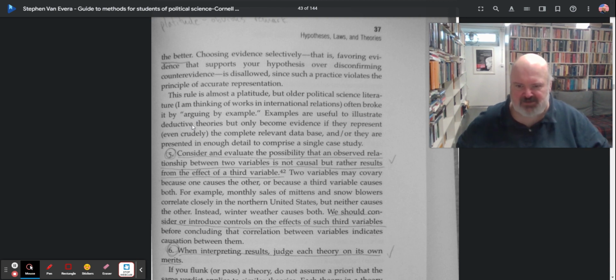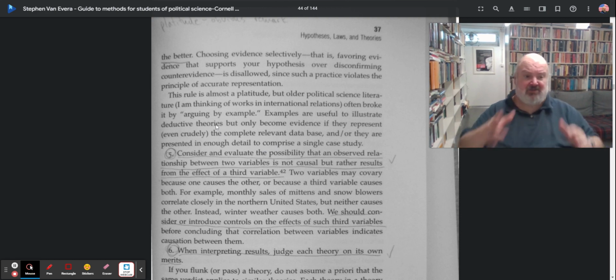Examples are useful to illustrate deductive theories, but only become evidence if they represent, even crudely, a complete relevant database, or if they are presented in enough detail to comprise a single case study.